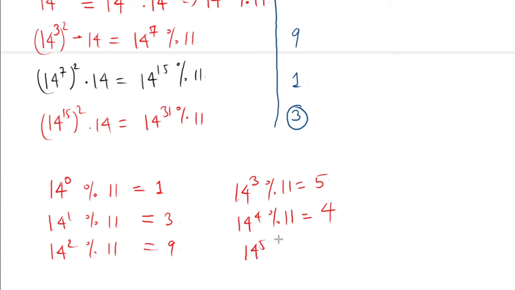And 14 power 5 mod of 11 will give us 1. And from here again the same pattern will repeat.